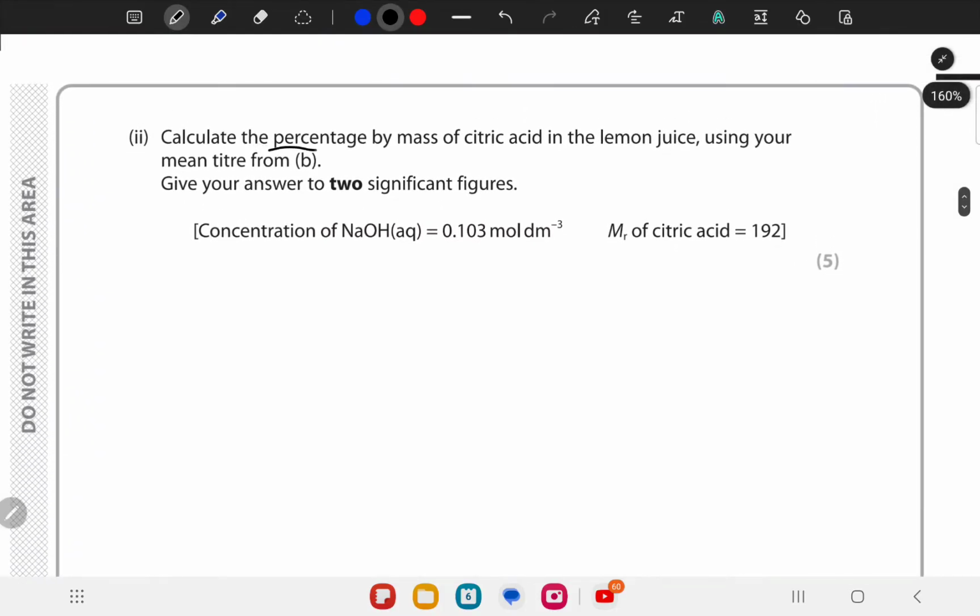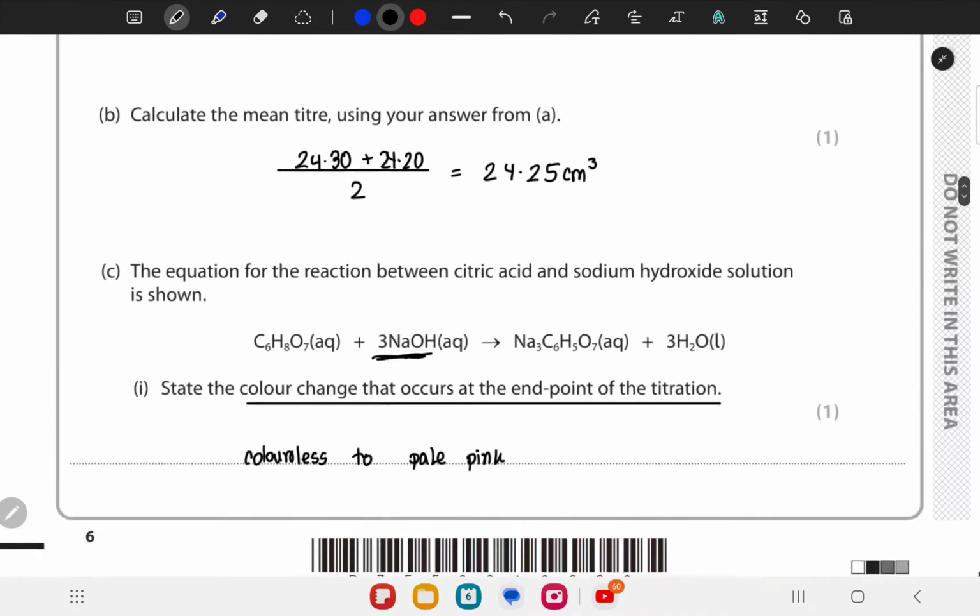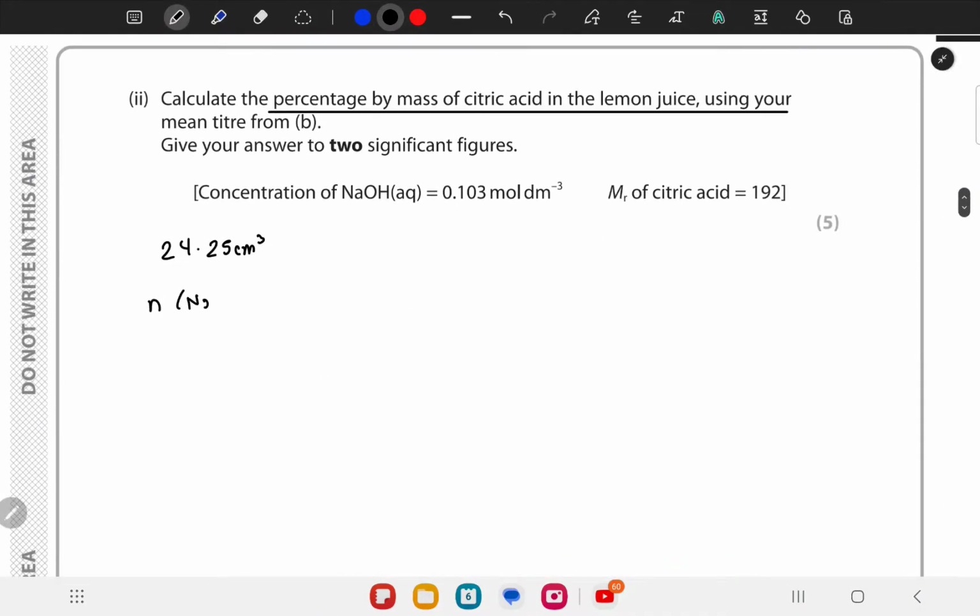Now we have to calculate the percentage by mass of citric acid in the lemon juice. So our titer was 24.25 cm cube. And so the number of moles of sodium hydroxide was its concentration, which was 0.103 times its volume, 24.25.